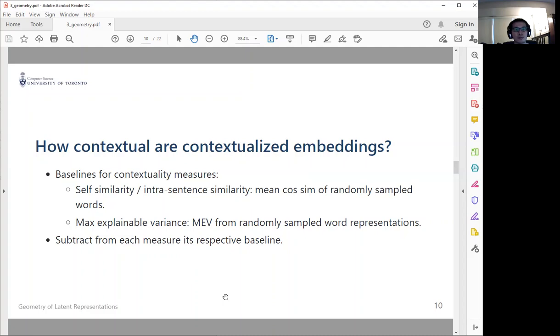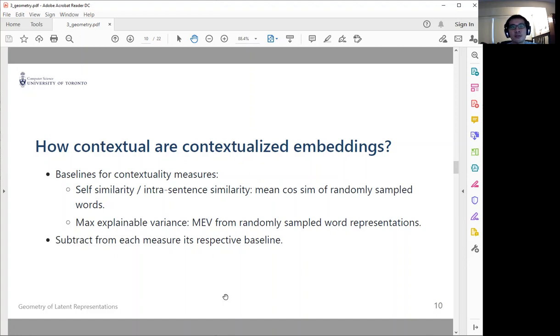If the mean cosine similarity of two randomly sampled words is 0.97, then your two apple words having 0.9 cosine similarity basically means that this embedding method considers those two occurrences of apple as two very different meanings.